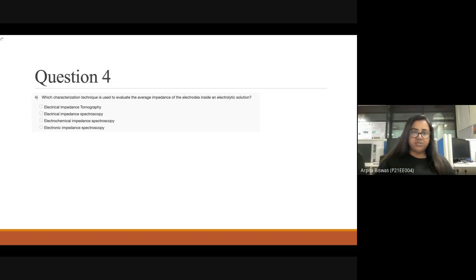First option is the electrical impedance tomography. Second option is the electrical impedance spectroscopy. Third option is the electrochemical impedance spectroscopy. And fourth option is the electronic impedance spectroscopy. So, what is the right option here?